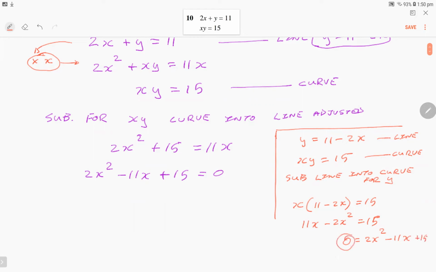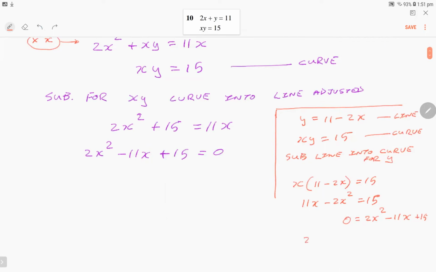Then 0 equals this is the same as saying 2x squared minus 11x plus 15 is equal to 0, which is essentially the same equation. But guess what? I got it much quicker this way. But if you had done it the other way, you'd have got the same equation.